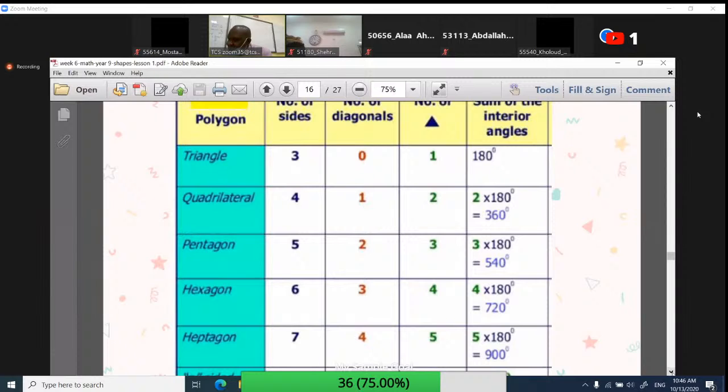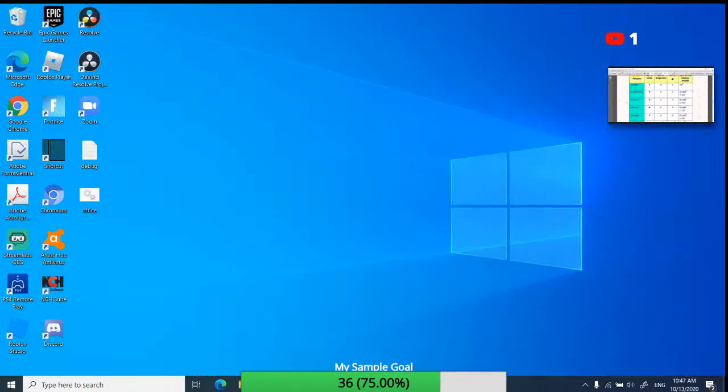Who has finished? 170. How did you do that? Because there are 6 interior angles, so it should equal 720. So I added all the 5 of them and then subtracted it from 720. Okay.